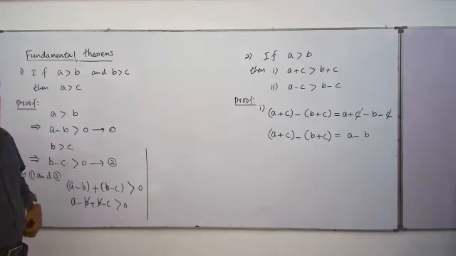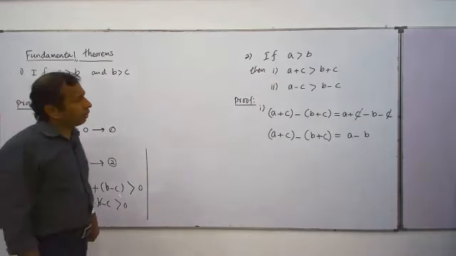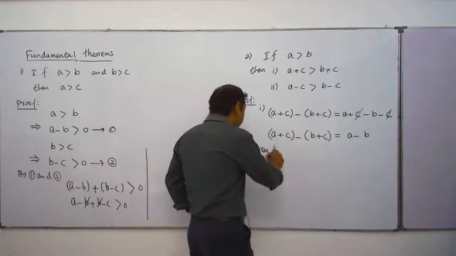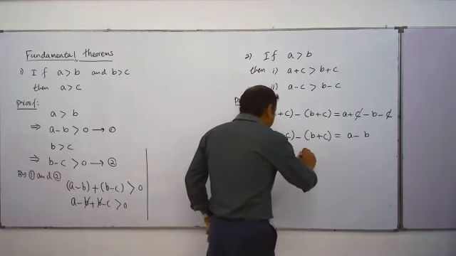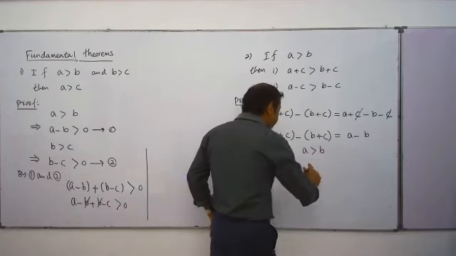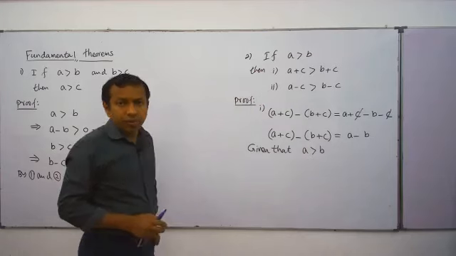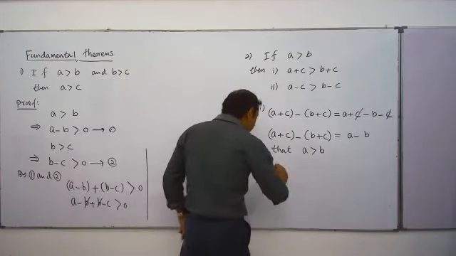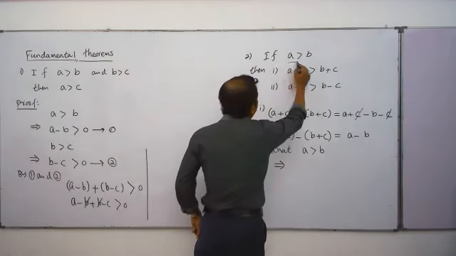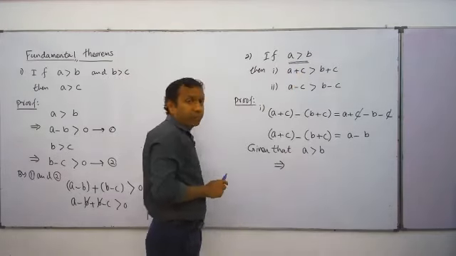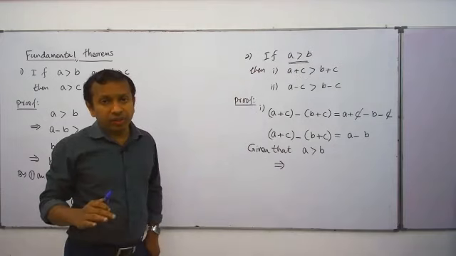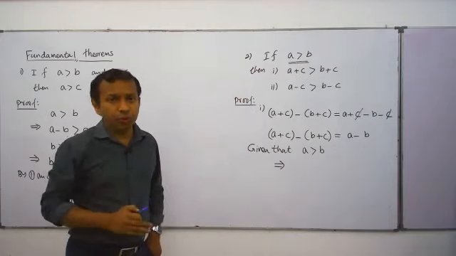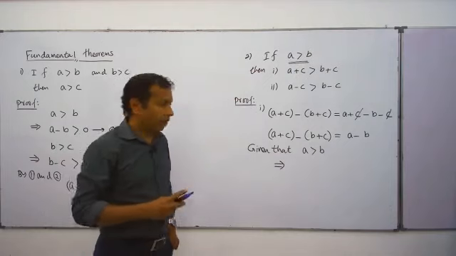Right. Because now we are given a greater than b, no? Given that a greater than b, this implies what? Subtracting b from a, the difference is positive, no? Why? Because a greater than b.